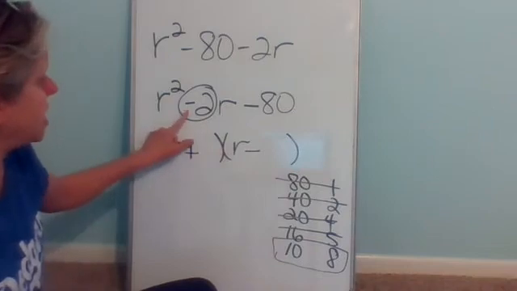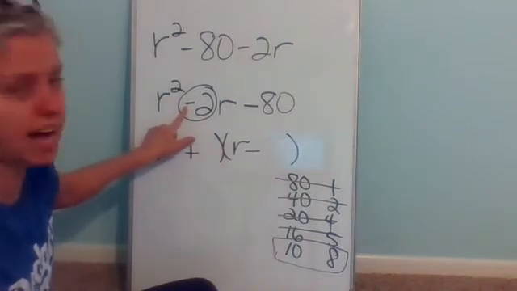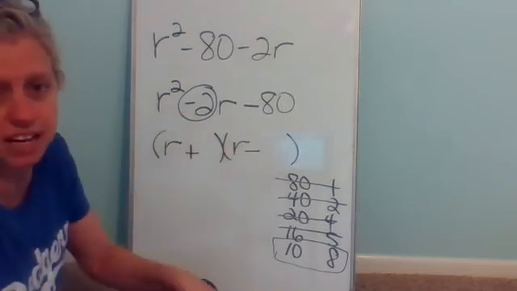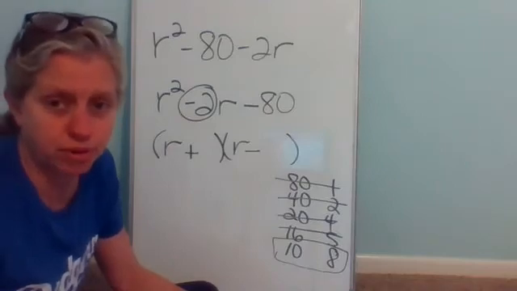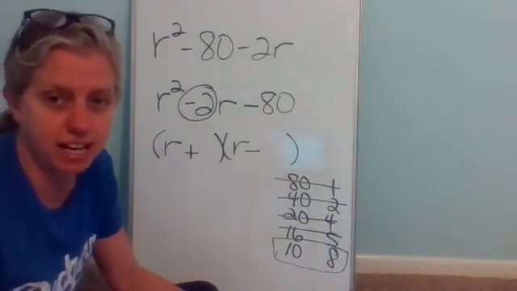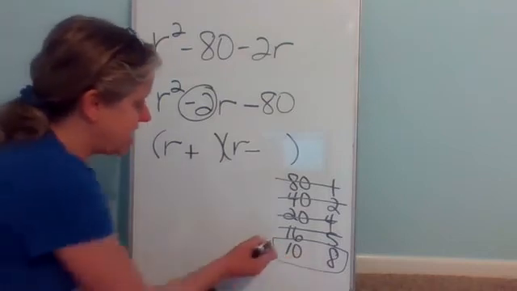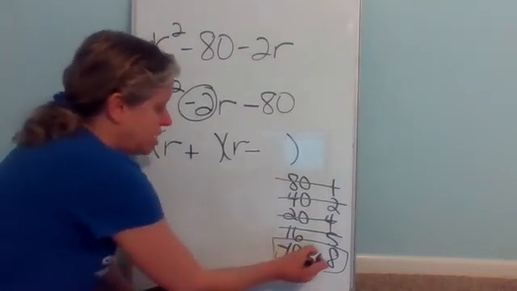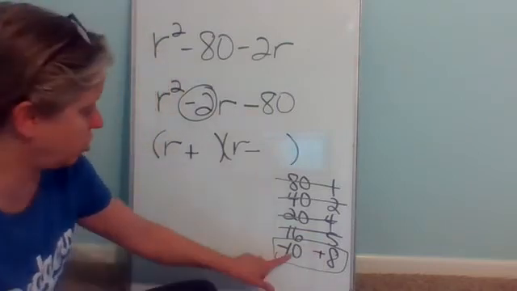If you're trying to end up on the negative side, which that's what this is telling you, I need to end up negative. That's telling me that I need my bigger number to be negative. So if this pair is going to add to -2, I need the 10 to be negative and the 8 to be positive. So let's do our check.